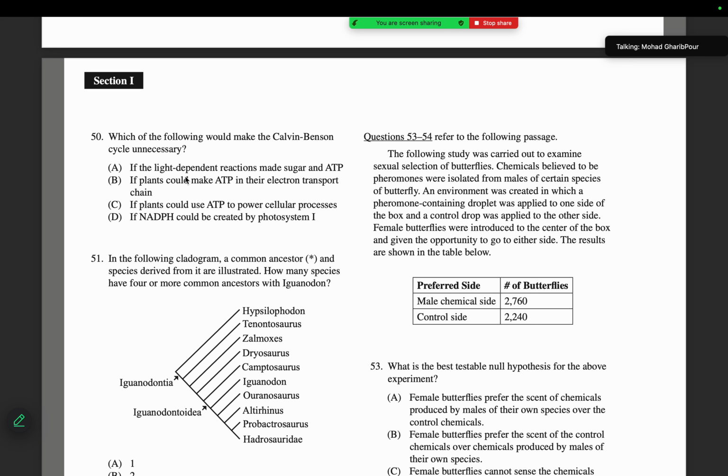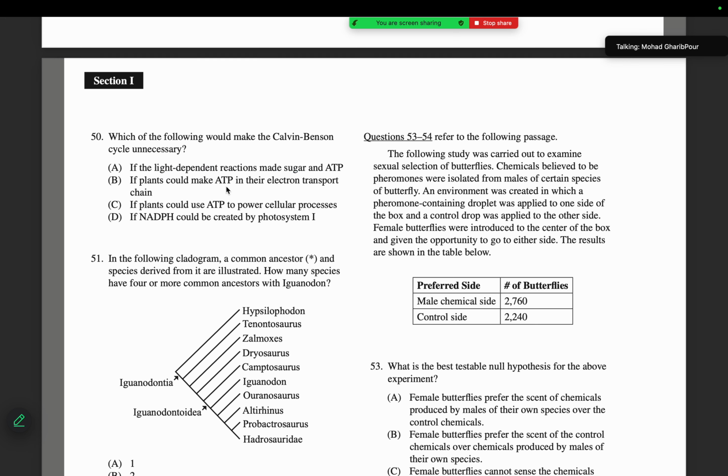Okay, let's see. If the light dependent reactions made sugar and ATP, which of the following will make it unnecessary? So light dependent reactions made sugar. Yeah, so the Calvin cycle. So this one does make sense.